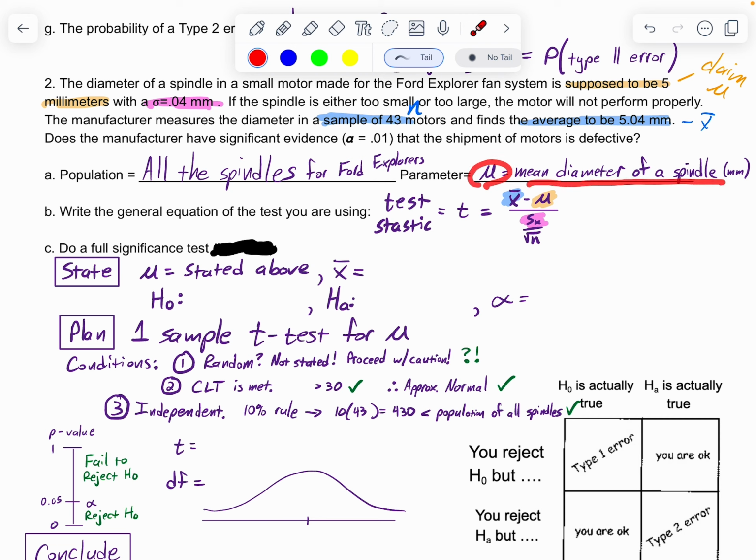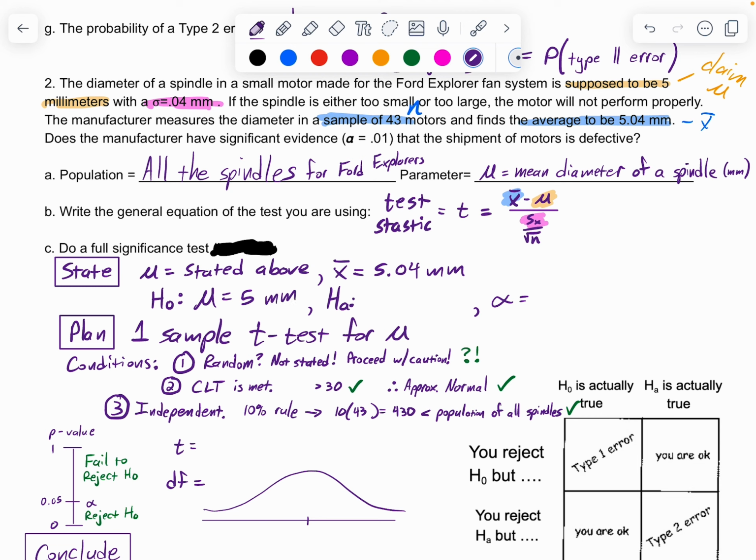It's the average diameter of a spindle in millimeters. State your plan. Mu is right there. We went through and found x bar is 5.04 millimeters in blue. The null is in orange. It's what they're claiming. So mu is 5 millimeters.